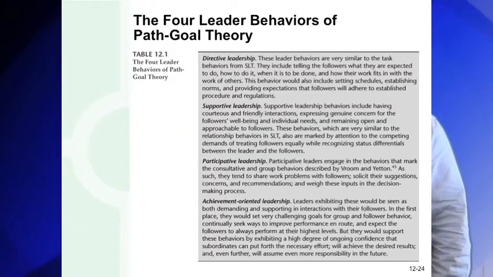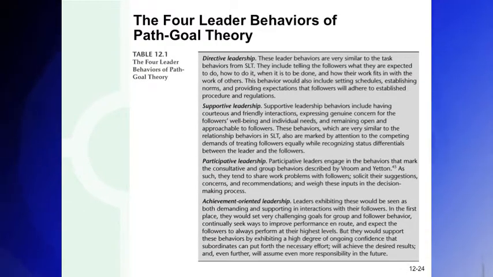Figure 12.1 talks about the four different kinds of leadership. There's directive, supportive, participative, and achievement-oriented leadership. And as the practical side of a course like this, for students that are actually working in organizational situations, you may want to be thinking in terms of a leader that you report to or have experience with, maybe a previous leader, and to understand as you read this model where they fit in terms of being directive or supportive or participative or more achievement oriented.